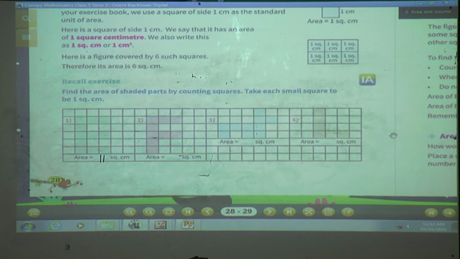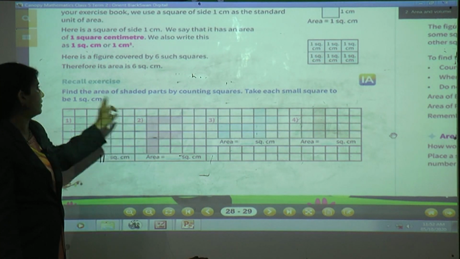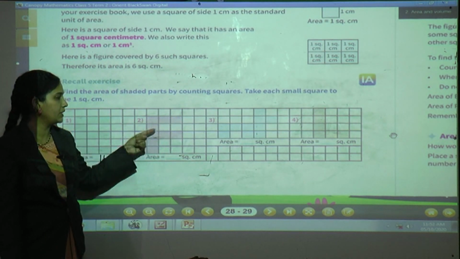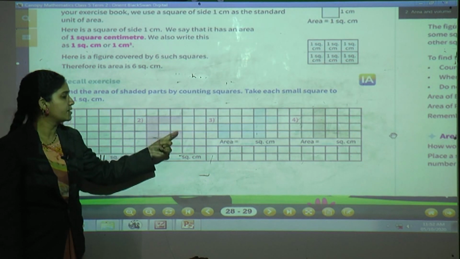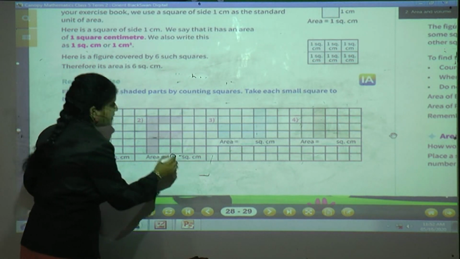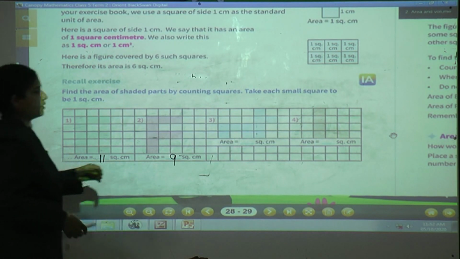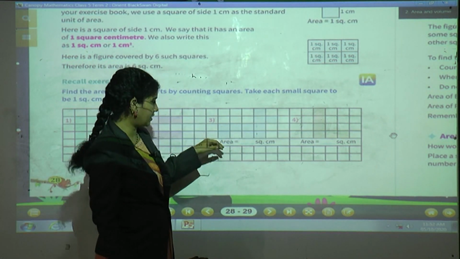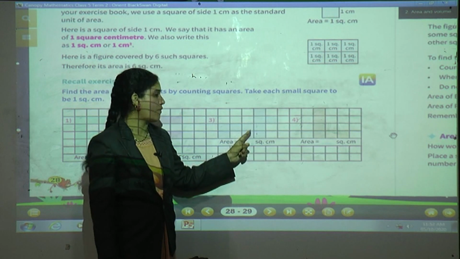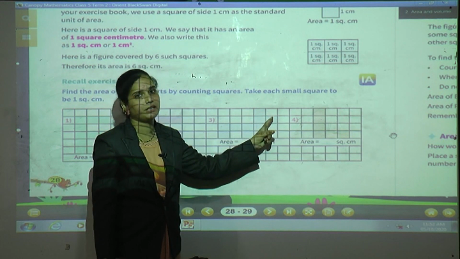Again, the next one. Count the shaded part. Take the measurement of 1 square centimeter. 1, 2, 3, 4, 5, 6, 7, 8, 9. So the area of this figure is 9 square centimeter. The third one: count the shaded part, students. 1, 2, 3, 4, 5, 6, 7, 8, 9 and 10.